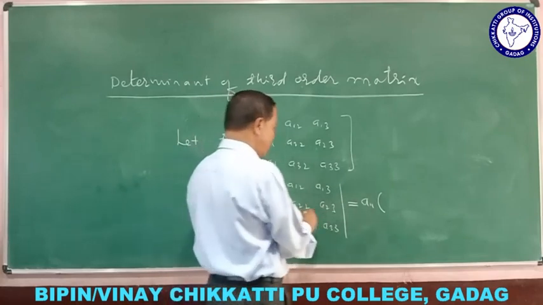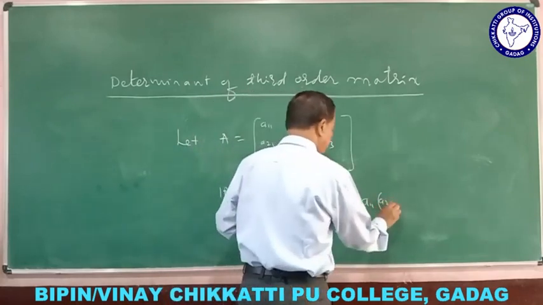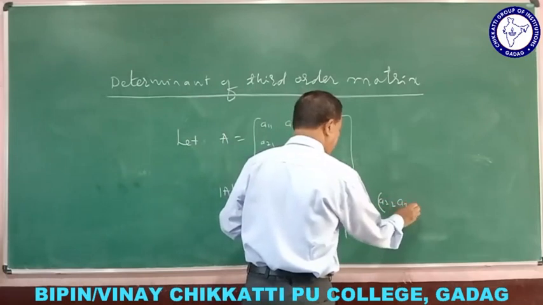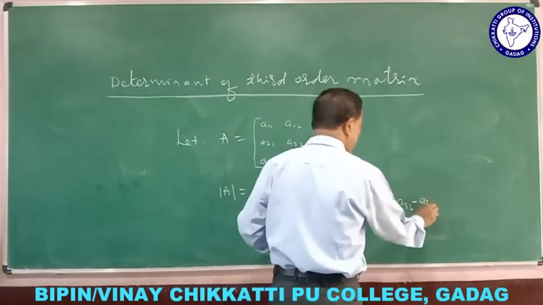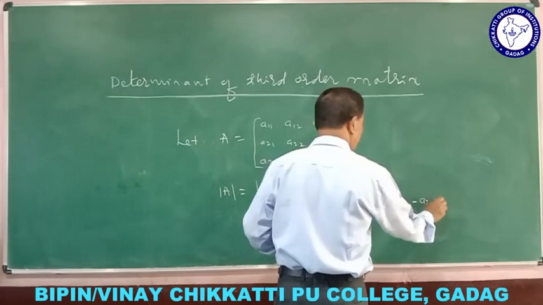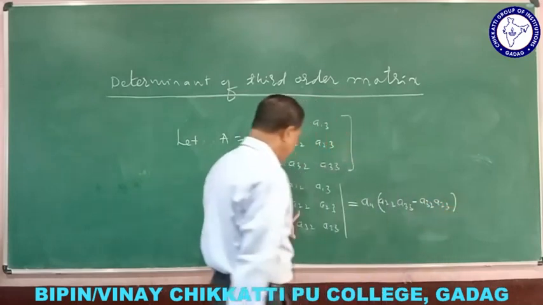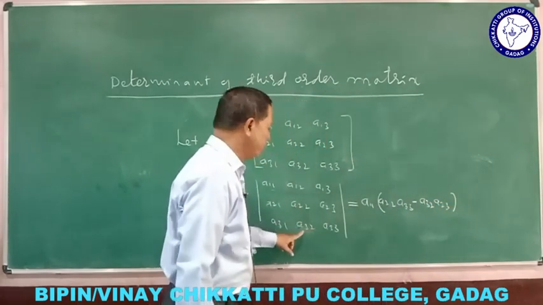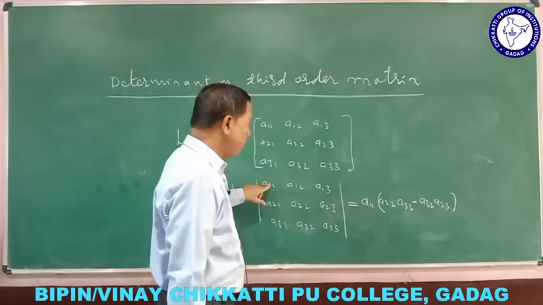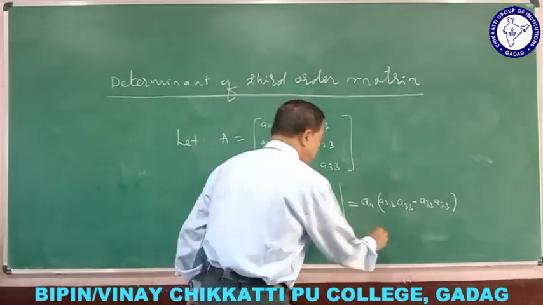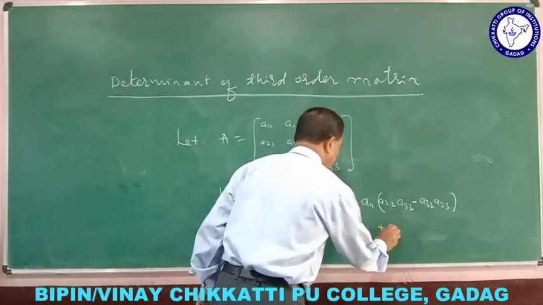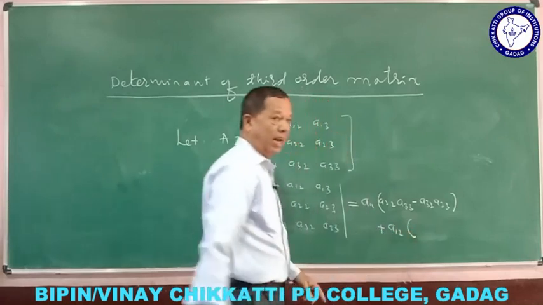Then what happens? You tell me. A22, A33 minus A32, A23. Yes, I understood this. This into this minus this into this. Next, A11 is over. Next what? You have to go for plus A12 into bracket, you are saying.